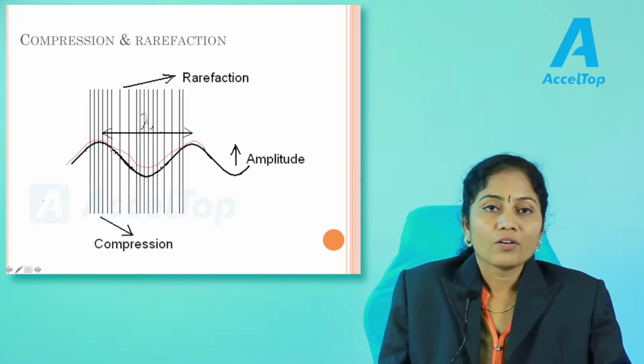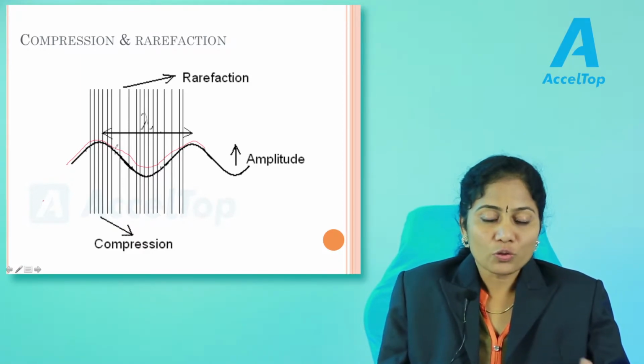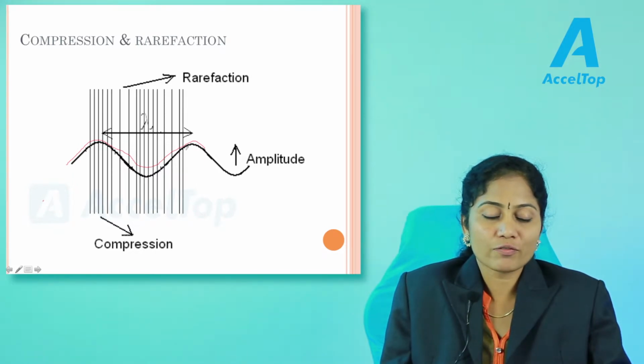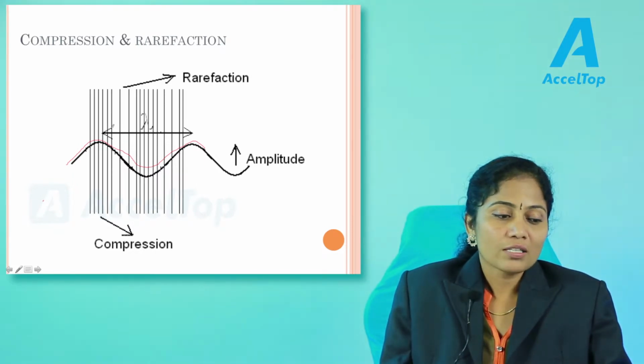I need you all to know what wavelength is. Wavelength is the distance between two successive crests or troughs. This is the wavelength, and this is the symbol for the wavelength. These areas are rarefaction and these dense areas are called compression.